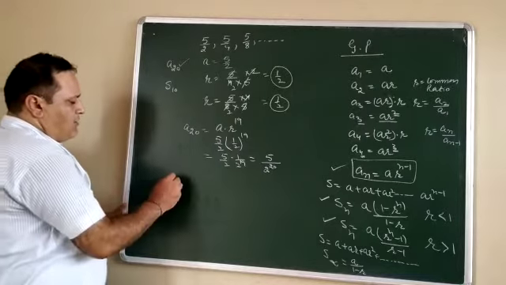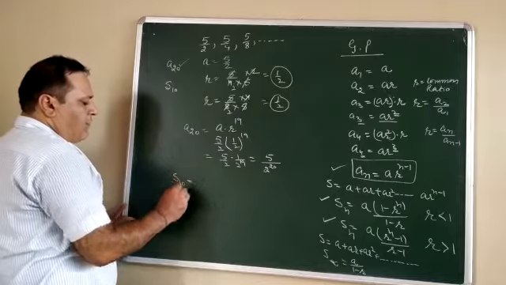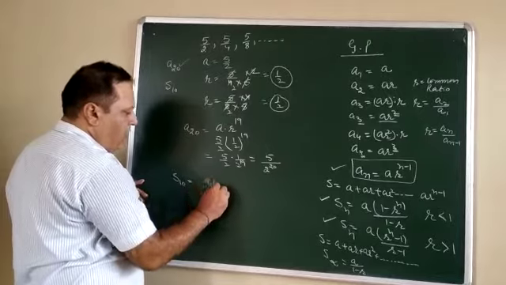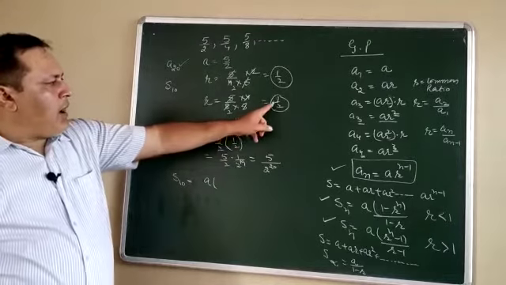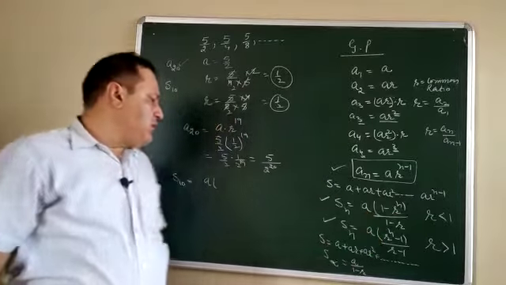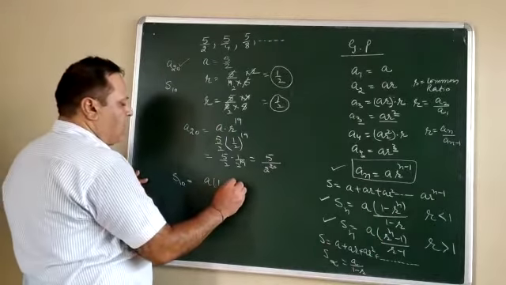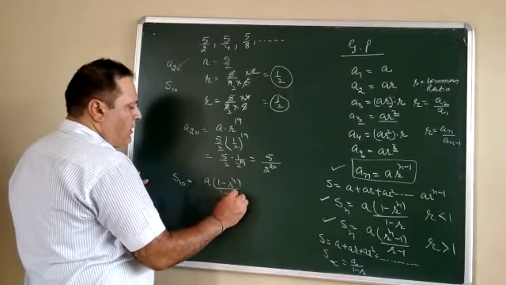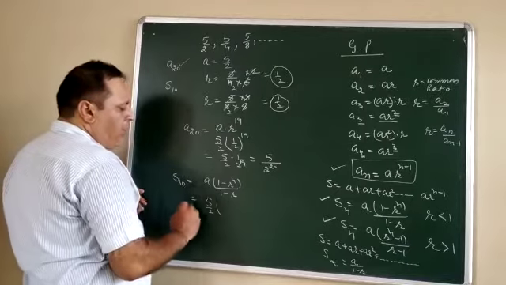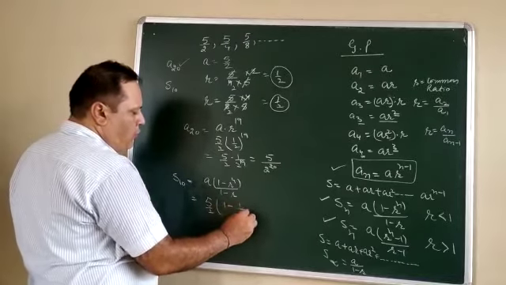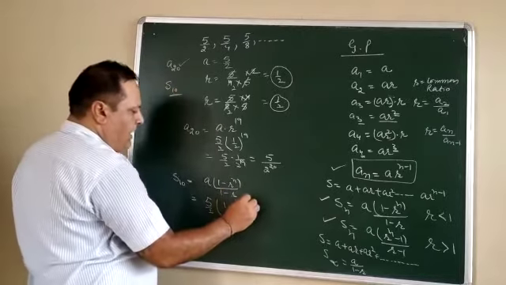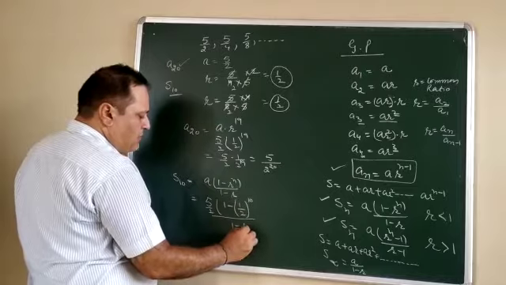Now in a similar question he asked about S10, find the sum of 10 terms. Now, which formula do we apply? The value of r is 1 by 2, that is less than 1. In that case we apply this formula, a into 1 minus r to the power n upon 1 minus r. Now see S10: a is 5 by 2, 1 minus 1 upon 2 to the power n. n is the number of terms, that equals 10, upon 1 minus 1 by 2.